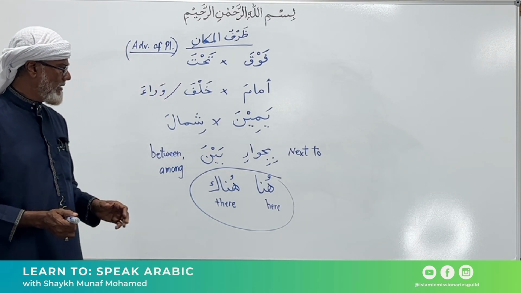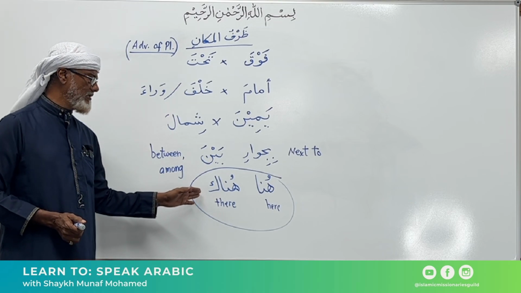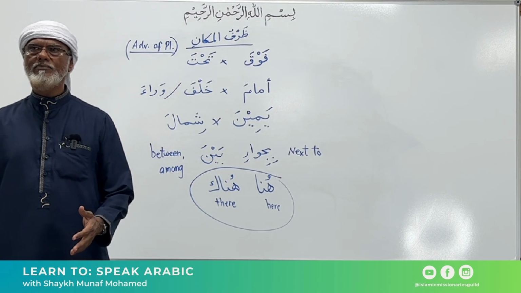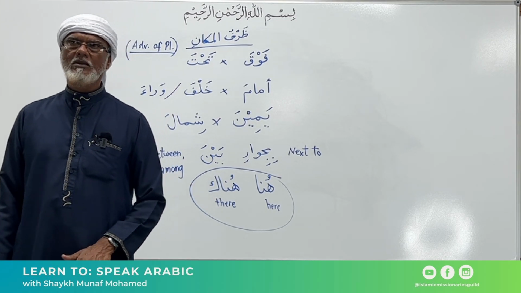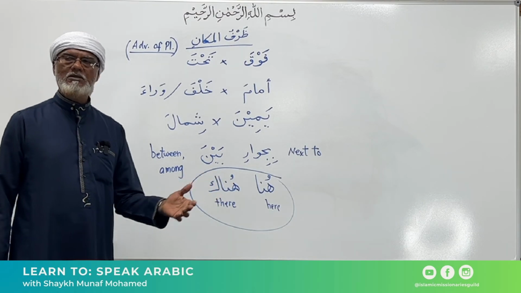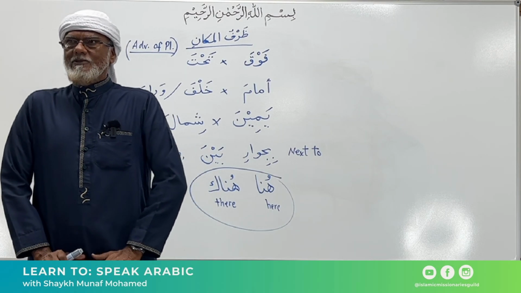All right, because the sentence could stop right here. It doesn't need to put a next word after the word huna or hunaka. So there is no word coming afterwards. So the sentence finishes right there. Okay, so that's it for that.